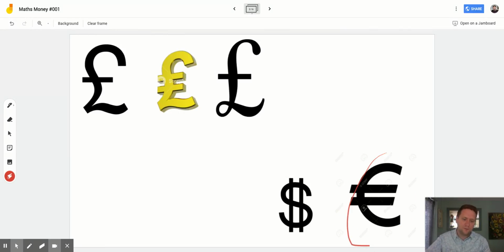So lots of companies in the European Union use euros there, which is really interesting because they would have had their own coinage for hundreds of years with great tradition and history around it, but made a massive decision to change to the euro, mainly because if you're traveling between countries or you're doing business between countries, it's a lot easier to deal with the same currency all at the same time.